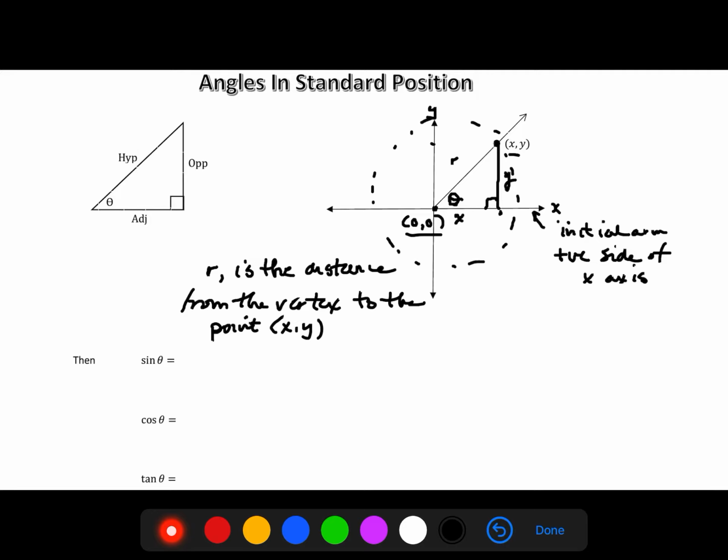The one thing I want to point out is if we have a positive angle, that means that we have a counterclockwise rotation.